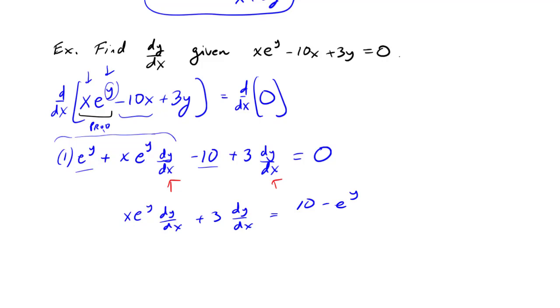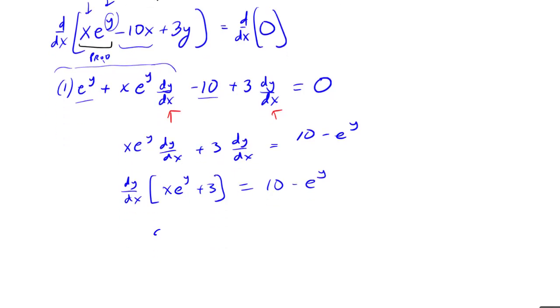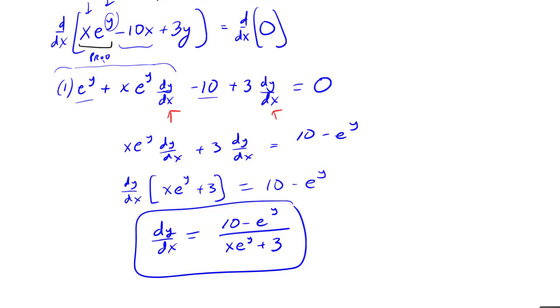Okay, and then on the left, I'll factor out dy/dx. x e to the y plus 3 equals 10 minus e to the y. And solving for dy/dx, 10 minus e to the y over x e to the y plus 3. There we go.